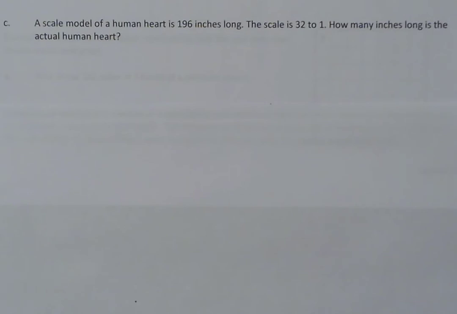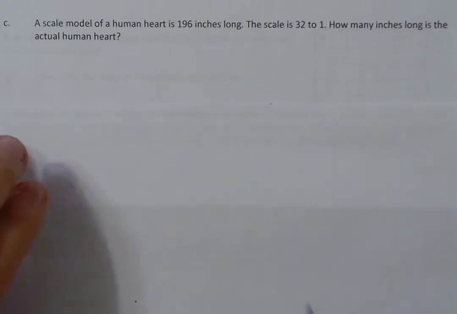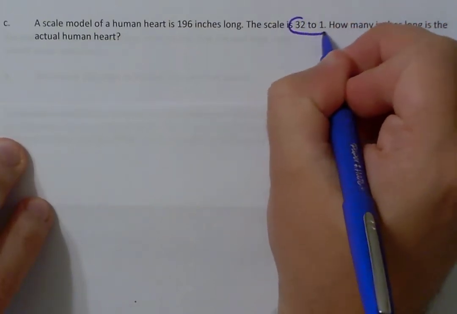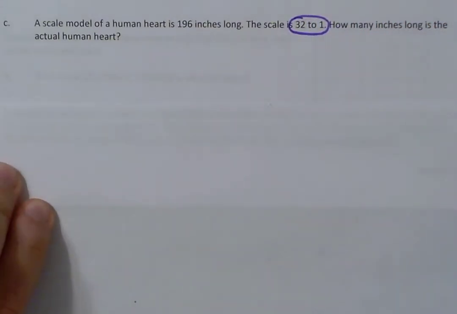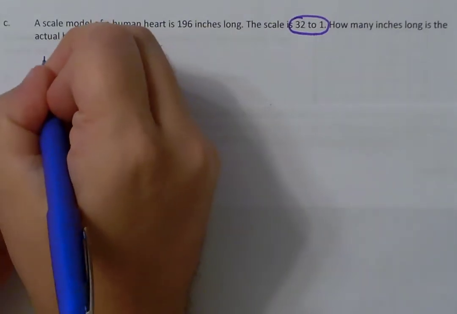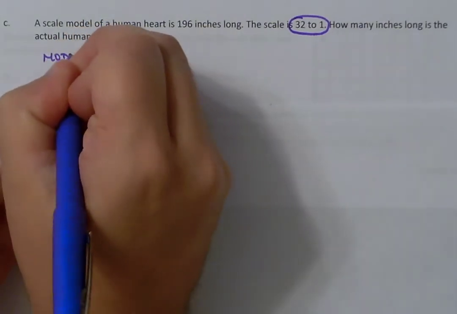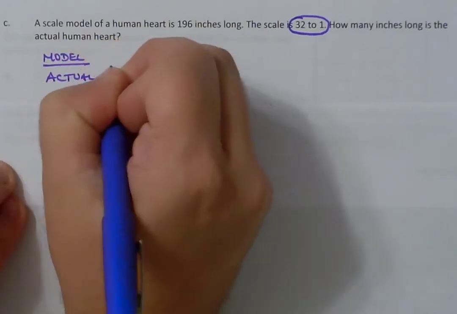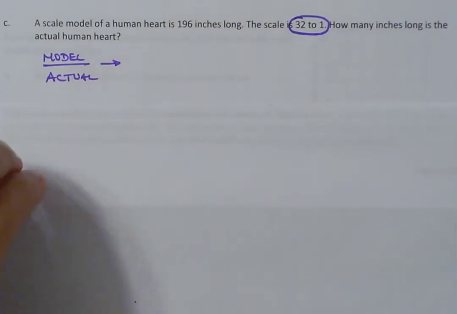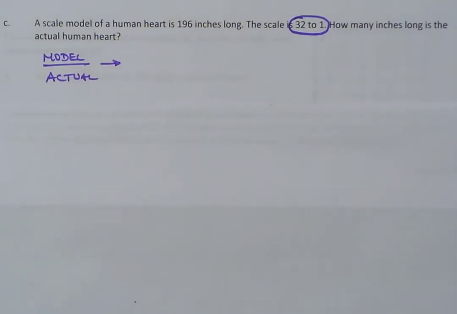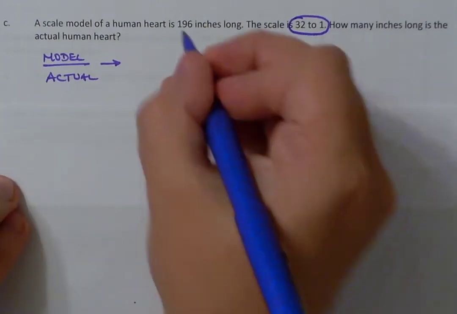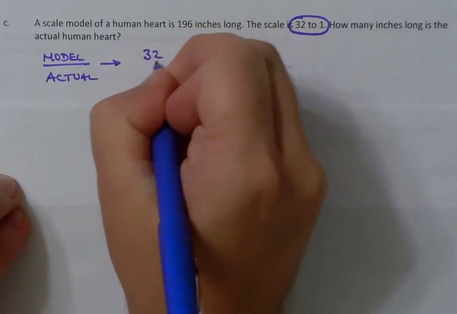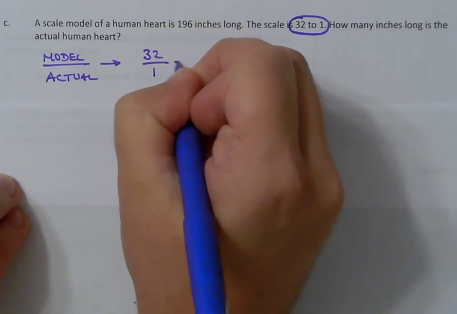So first thing is we're going to start with our scale. So our scale in this problem is 32 to 1. And just like we did with the map, where it was the map over the actual, for this we're going to do the model over the actual. The first number in our scale is the model, and the second number is the actual. So that means we're going to have 32 over 1.